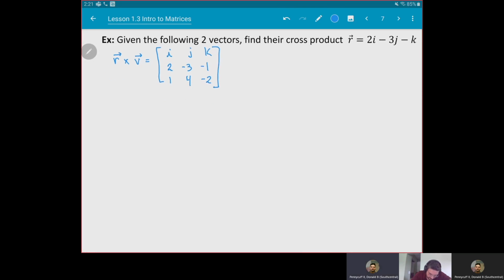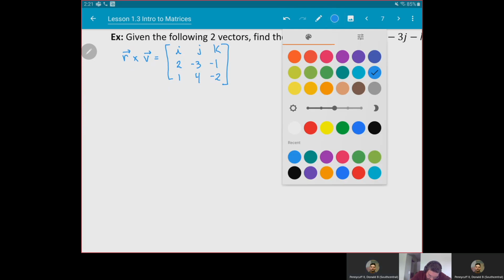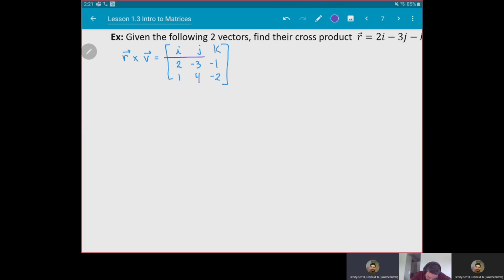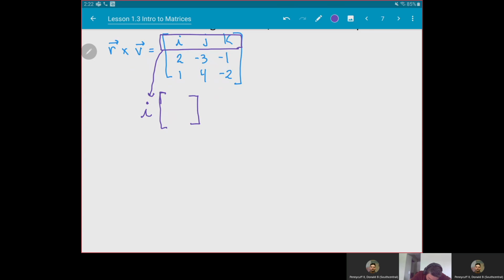Okay. Now I'm going to do this by hand, just like we talked about before. That top row is going to come down. And so that's going to be i times a bracket, minus j times a bracket, plus k times a bracket.